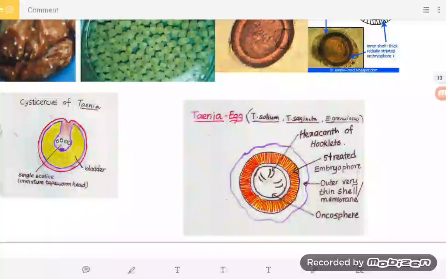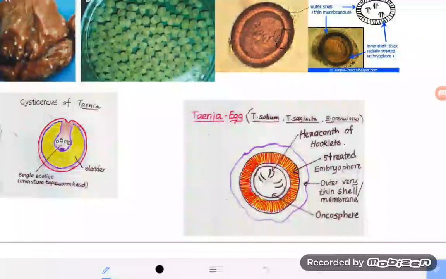When we consider the Cysticercus larva, it appears in this picture. We call this the bladder, and here the scolex is actually the immature head part.